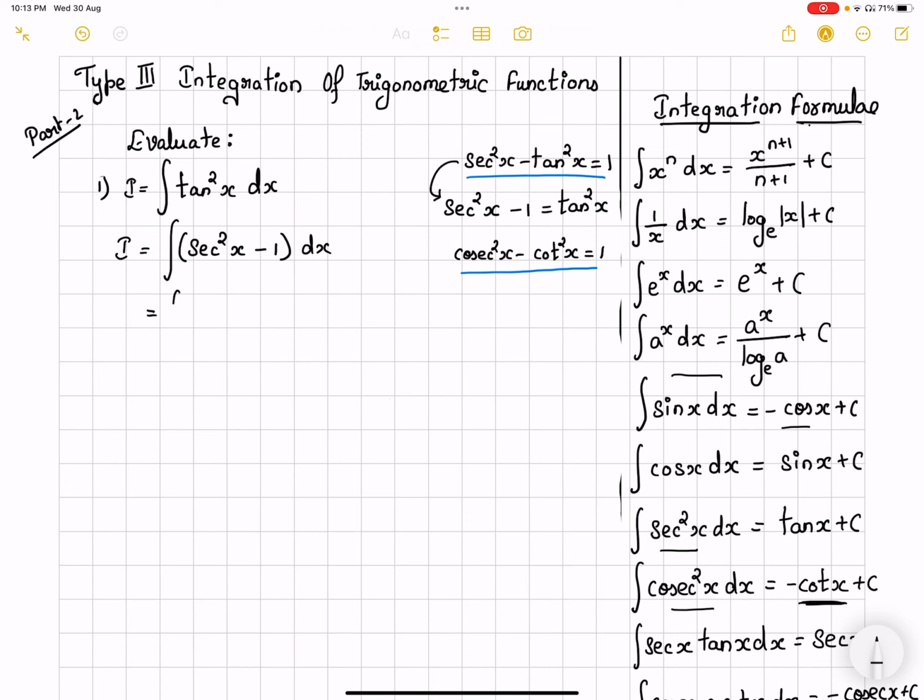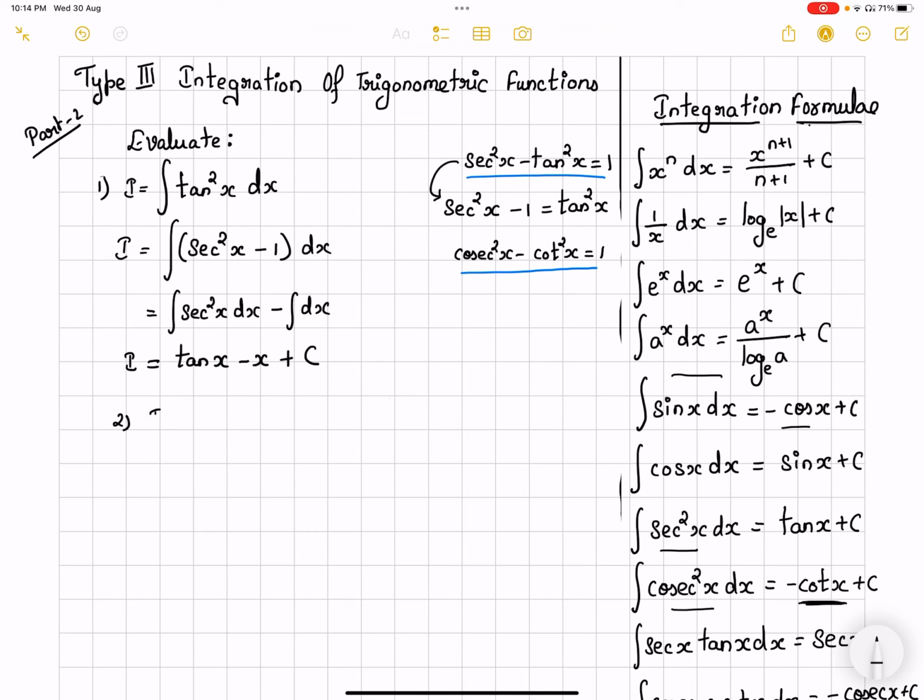Now, integral secant square x dx minus dx. What is the integration of secant square x? Integration of secant square x is nothing but tan x minus x plus c. We are done with our integration. Isn't it easy? Now let's work out the next question.